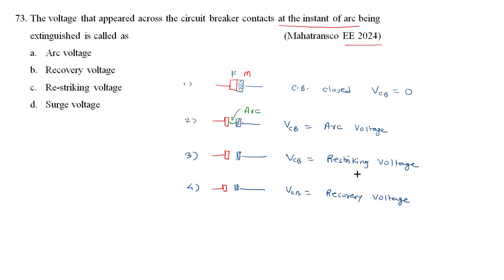The difference between these two: here the arc is being extinguished, not completely extinguished but on the verge of arc extinction, and here the arc is extinguished, so recovery voltage or normal system voltage will appear across the breaker contacts. Here it is asked at the instant of arc being extinguished, so it is known as the restriking voltage. Different types of questions can be framed based on this particular scenario.